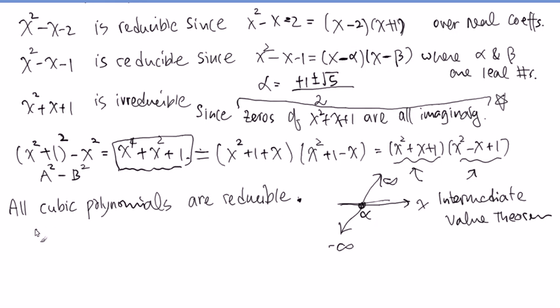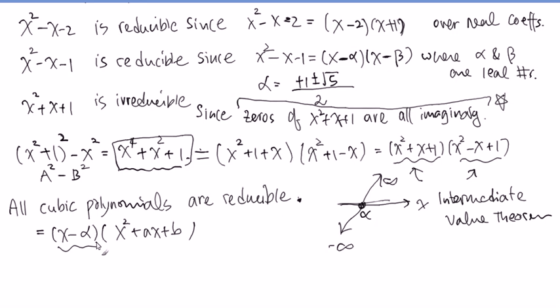So all cubic polynomials factor into x minus alpha, right? Once it has a linear factor, the other one is a quadratic factor like this. The point is that it reduces to degree 1 times degree 2. It's all reducible. It's due to what theorem? The intermediate value theorem. So what is the next example that we can argue easily?